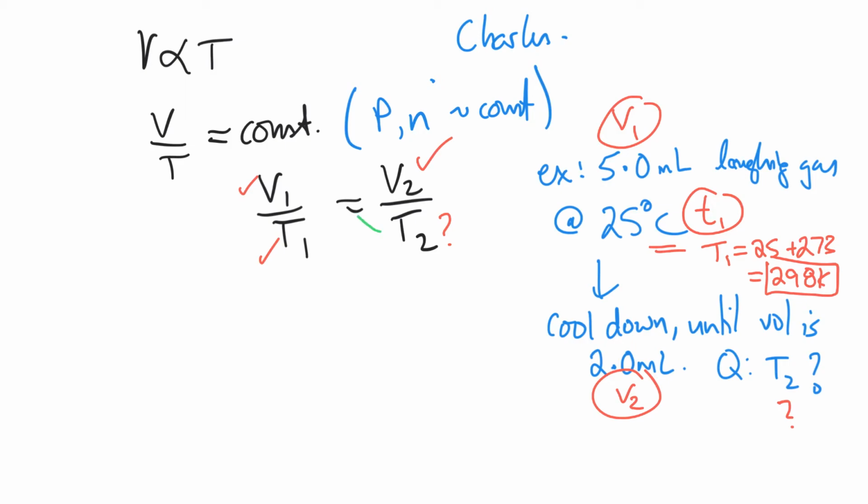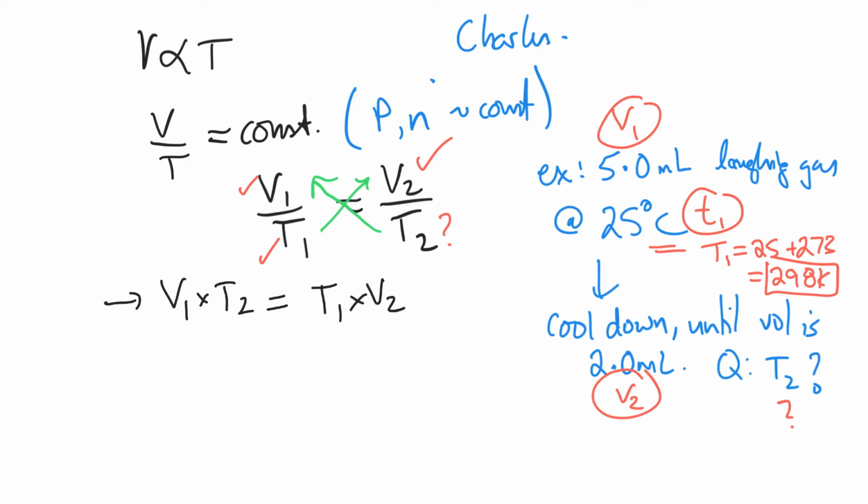I think probably the easiest way is just to cross multiply, and that is you can take the bottom of one side and crisscross it up to the top of the other side. We're really just multiplying both sides by the denominator if you want to see what we're really doing. And so that allows us to write V1 times T2, which we brought up across to the other side, is T1 times V2.